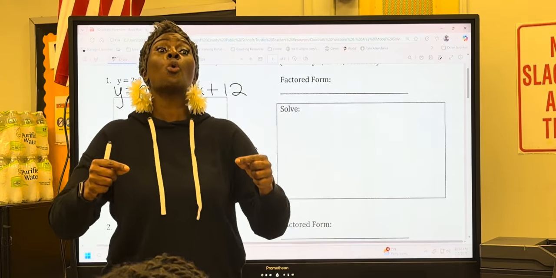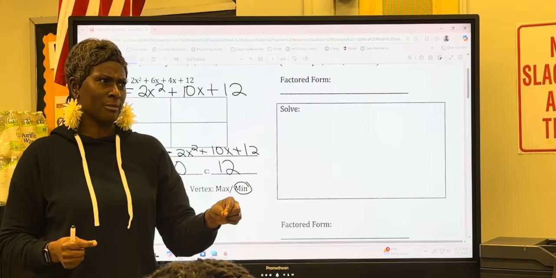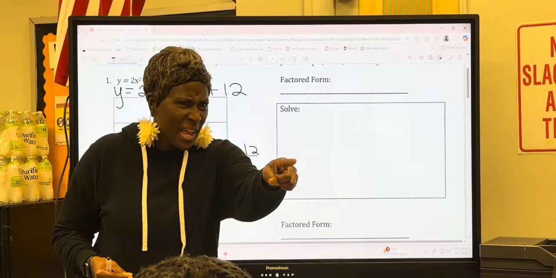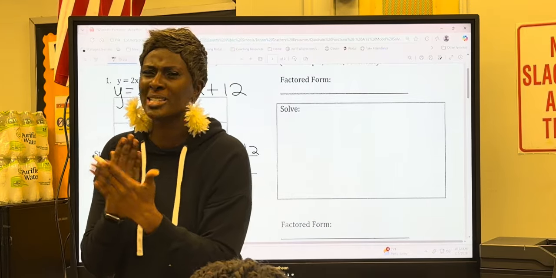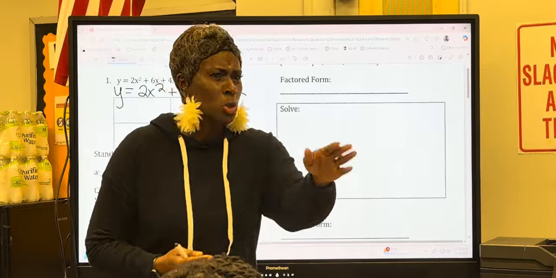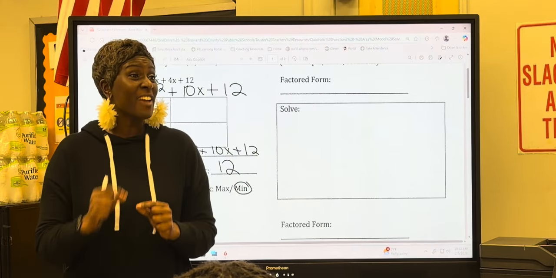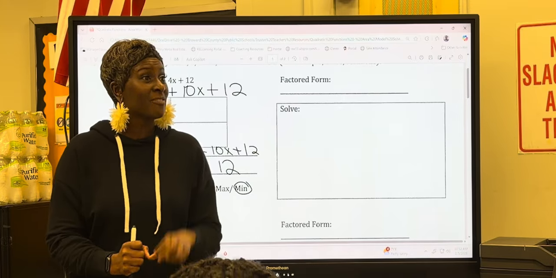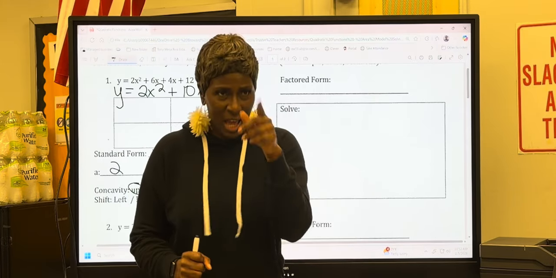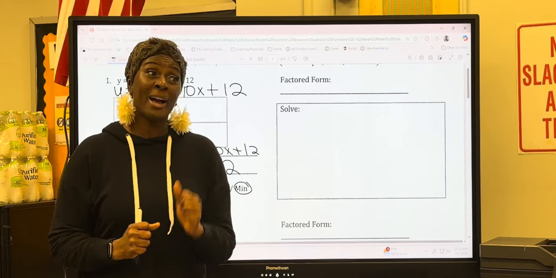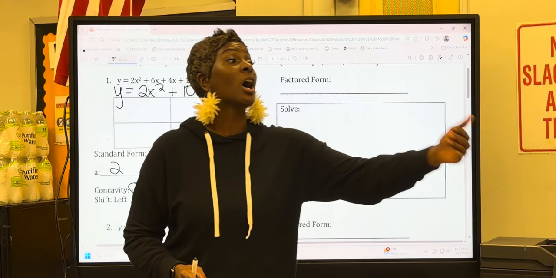But what are we doing to get positive or negative? The AB. If I have two letters side by side, what am I doing? Multiplying. So when you multiply A by B, if A times B comes out positive, then we have a shift to the left. If A times B comes out negative, then we have a shift to the right.